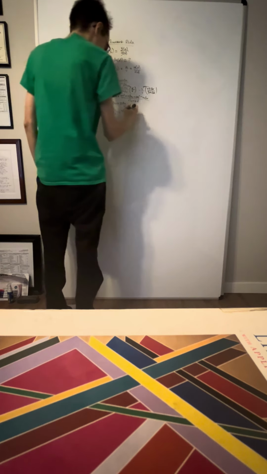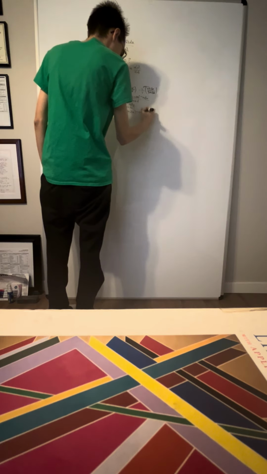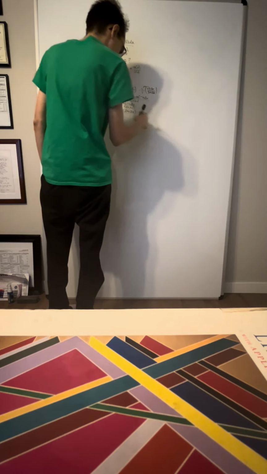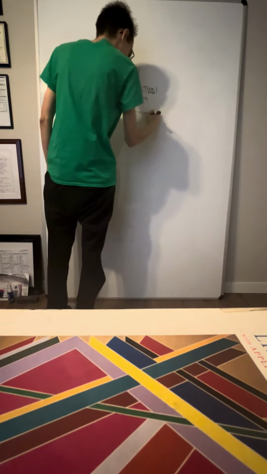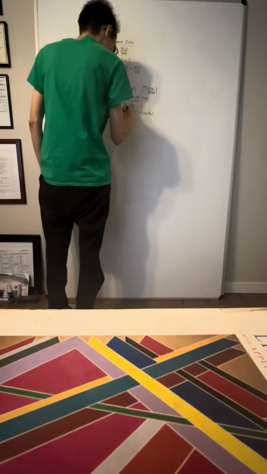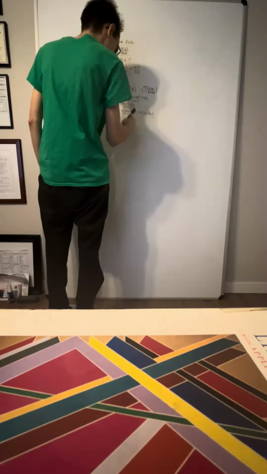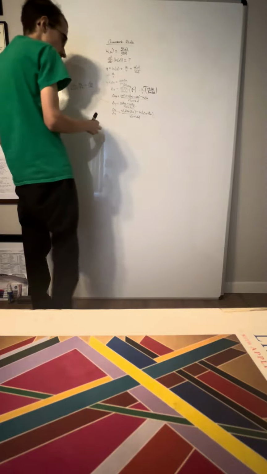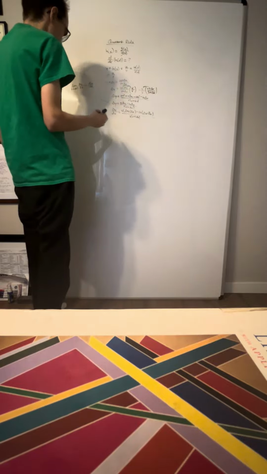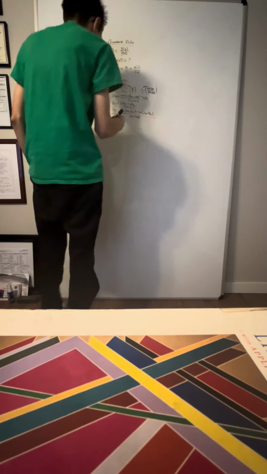So we have v times delta u over delta x minus u times delta v over delta x, over v times v plus delta v. So now what we're going to have to do is get it in this form. So we're going to go ahead and add this part in.